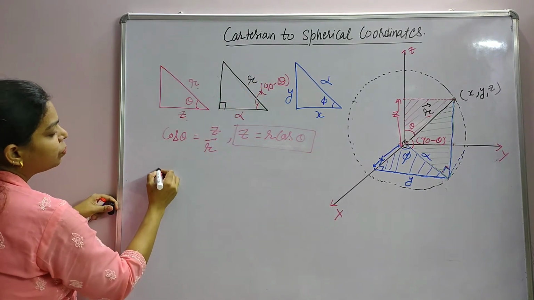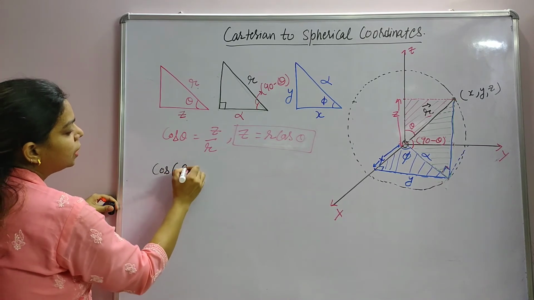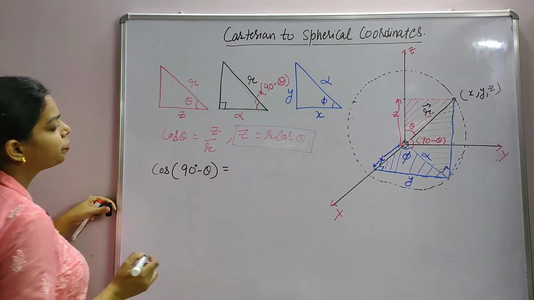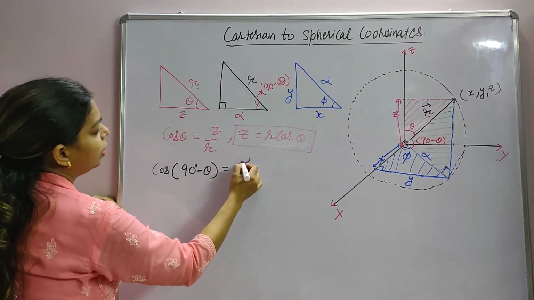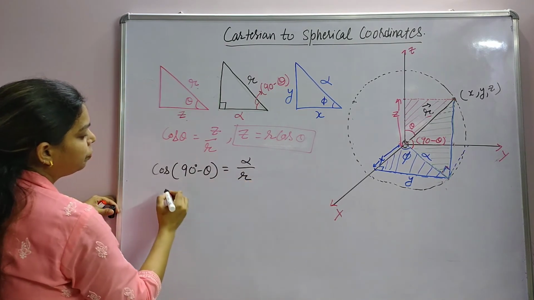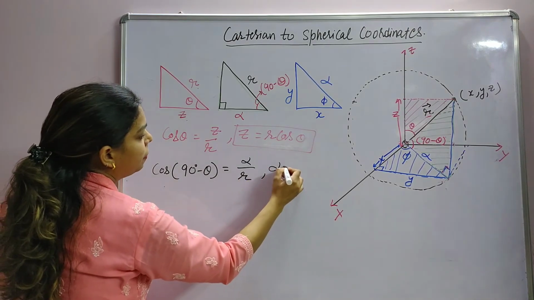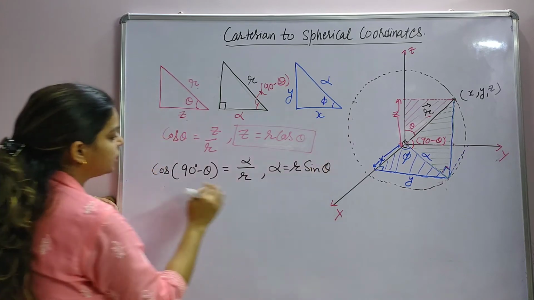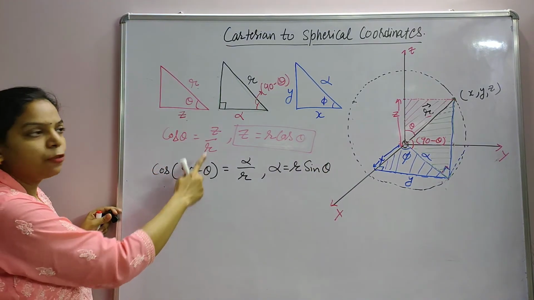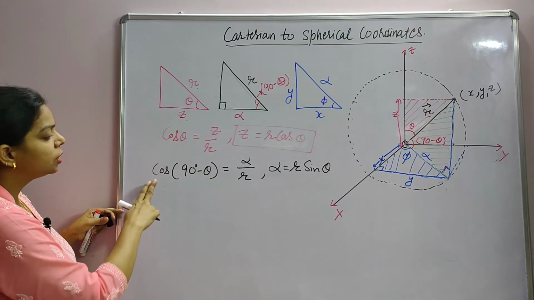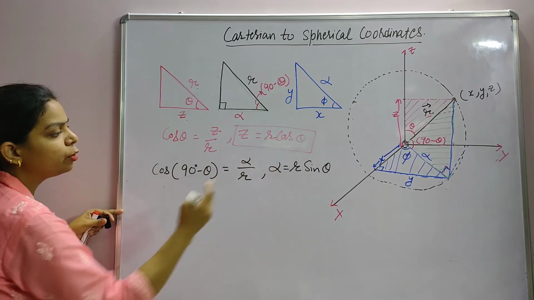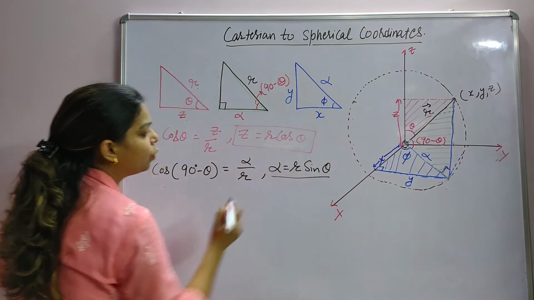I can say cos of 90 degrees minus theta is equal to alpha upon r, or the value of alpha will be r sin theta, because 90 minus theta comes in the first quadrant. In the first quadrant all the angles are positive and cos will be converted to sine. This is the value of alpha.